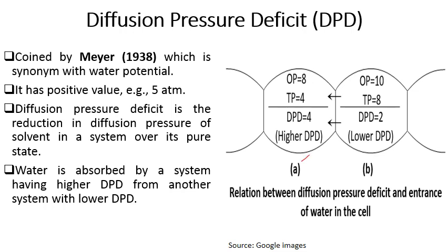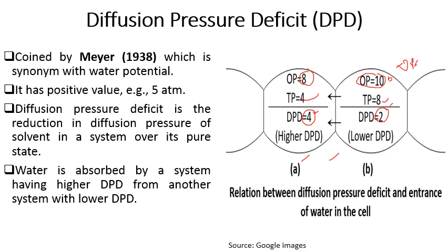numerical values. Here there are two cells, that is cell A and cell B. In case of cell A, the osmotic pressure is 8 and turgor pressure is 4. If we subtract this, we get DPD equal to 4. In cell B, the osmotic pressure is 10 bars and turgor pressure is 8 bars. When we subtract this, we get the value 2.